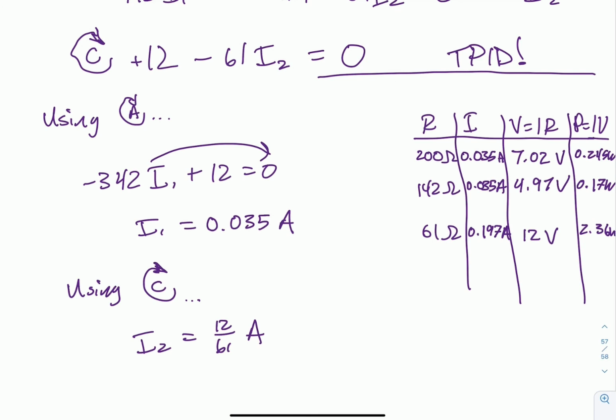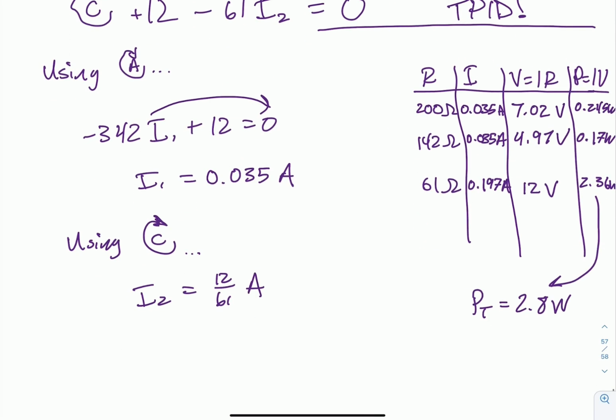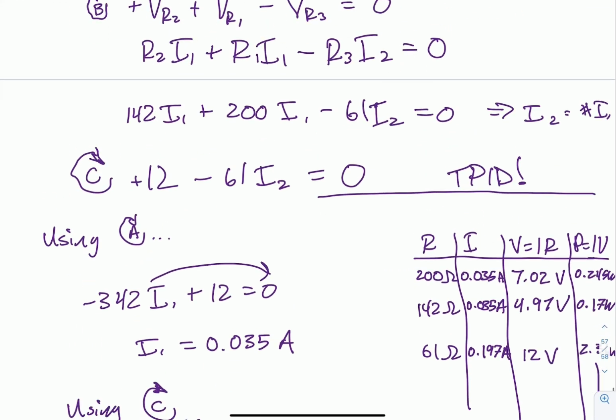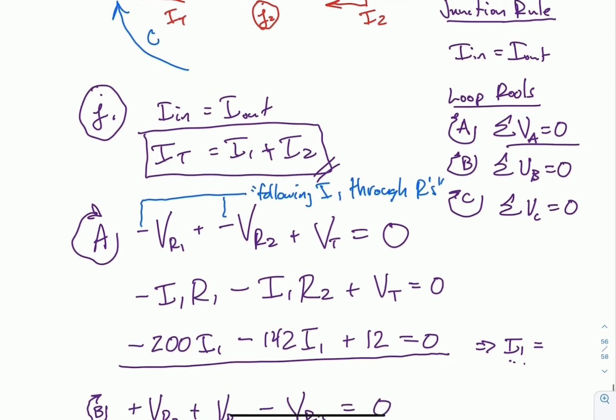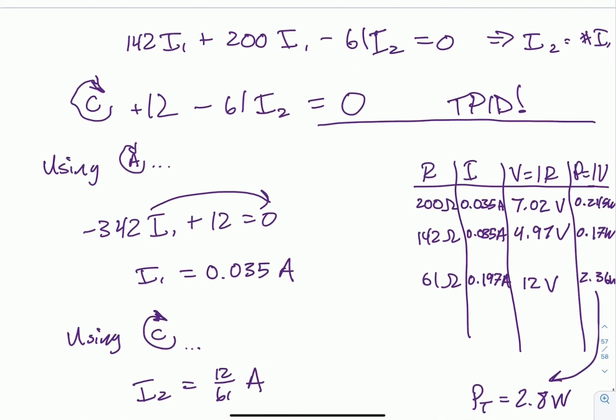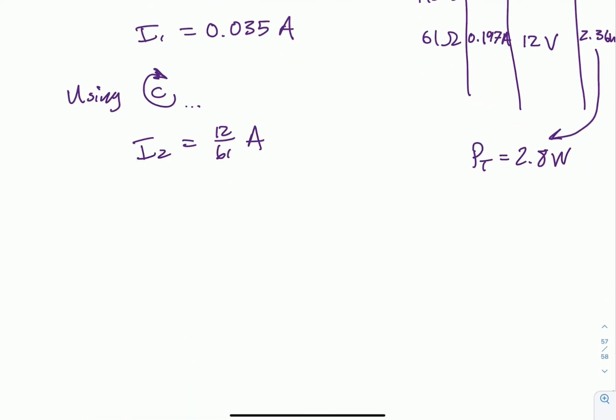If we add these all together, we would get the total power dissipation of approximately 2.8 watts. And so we've answered the question. The other thing that we could do is we could use the junction rule to get I total, to get power dissipated by the circuit if we wanted, but this should do it.